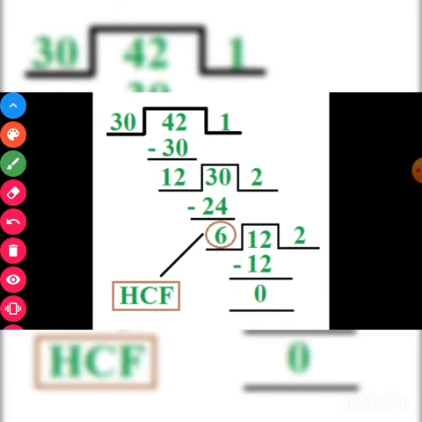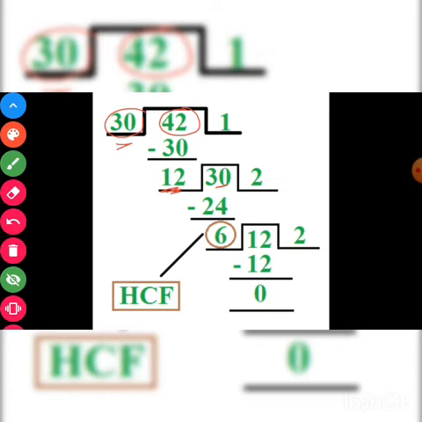Now let us look at one more method of finding HCF, the long division method, or as we simply say, the continued division method. In the continued division method, we take two numbers and divide. After performing the division, whatever is the divisor acts as the dividend, and whatever is the remainder becomes the divisor.